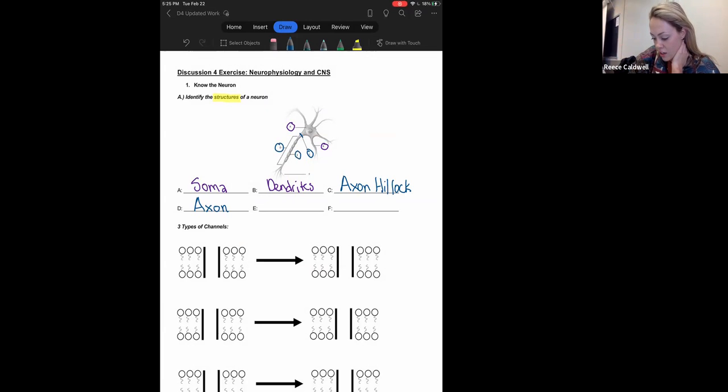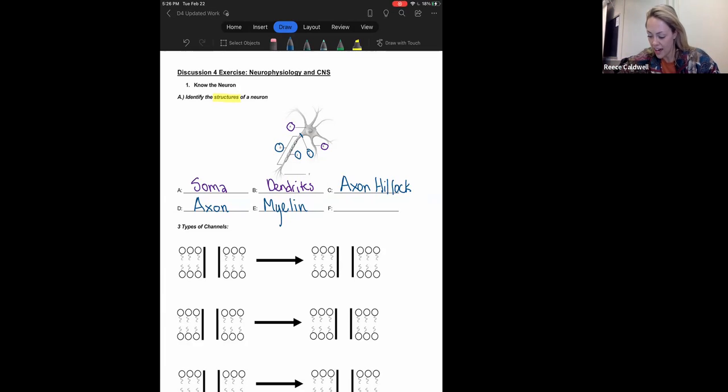You can see that we have these cells coating the neuron, and those are called myelin cells, and together they form the myelin sheath. If the neuron is myelinated, that means we're going to have a really quick impulse sent down that axon. That signal or stimuli will be sent down very quickly compared to an unmyelinated axon. And in just a little bit, I'm going to show you a video of this occurring.